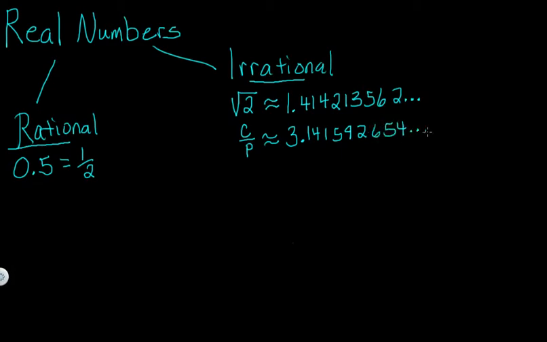Again, the ellipses here means that it is non-terminating, that this decimal continues to go on and on and on. Our calculators usually only approximate it to a certain number of digits, and there is no pattern. These are irrational numbers, right? There are no two integers that you can divide to give you this number.